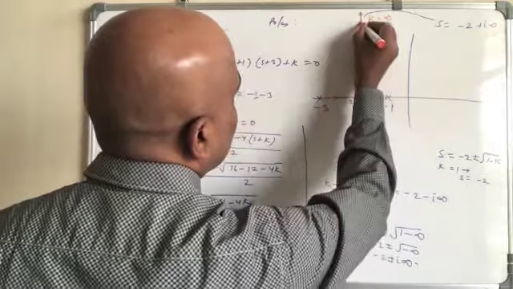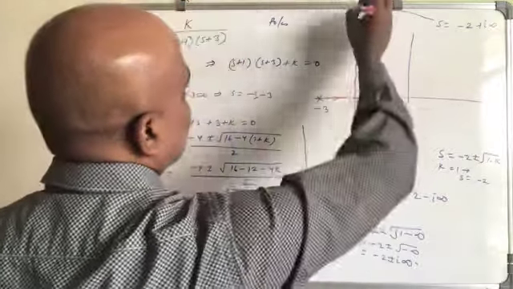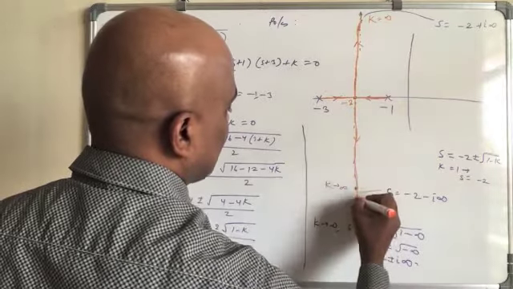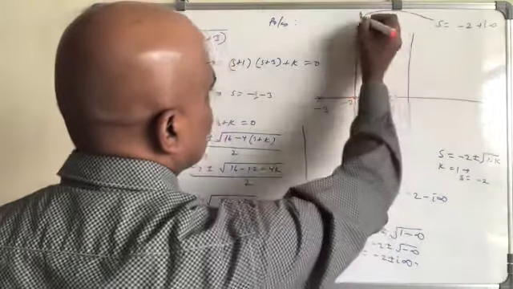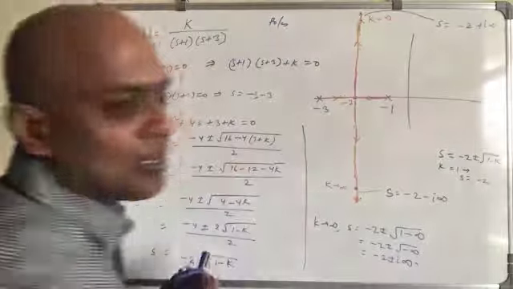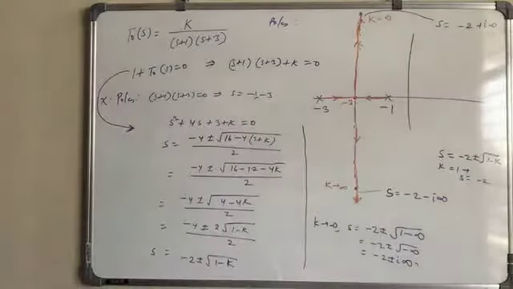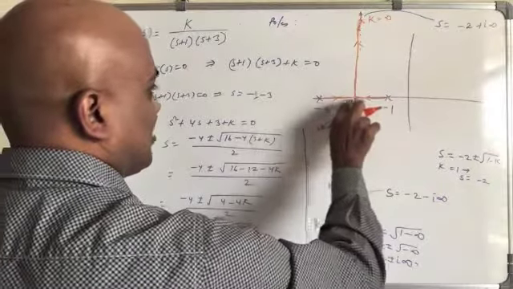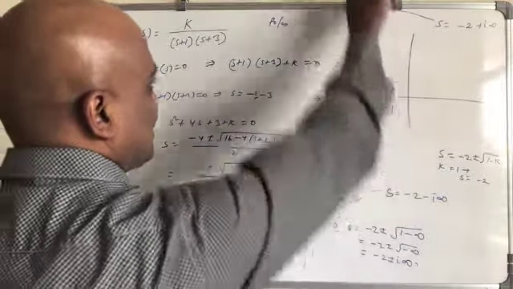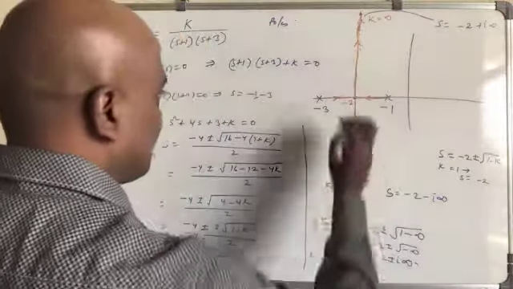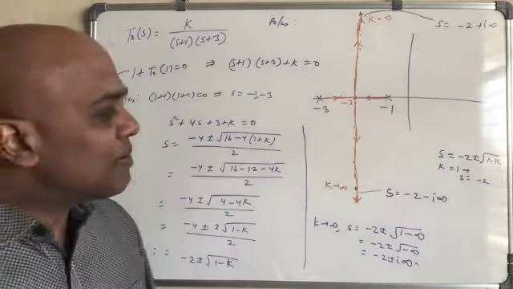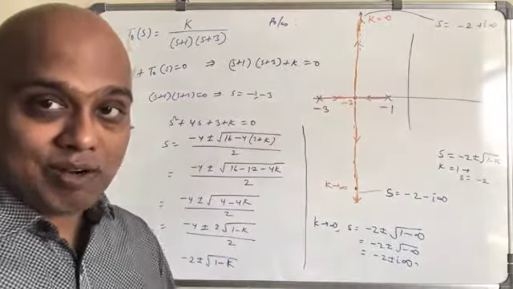It will go towards complex infinity, and here also this will go to imaginary infinity. Yes, imaginary infinity, what I meant. So the root locus will be like this: from here to here, from here to here, from here branching out, going to infinity. This way it will be getting more and more complex.